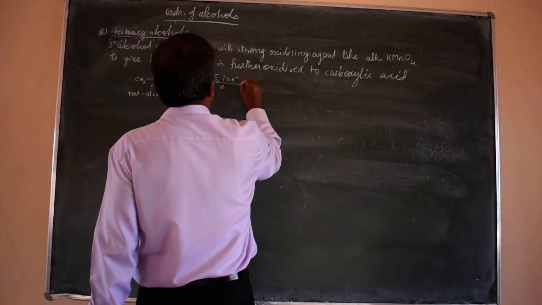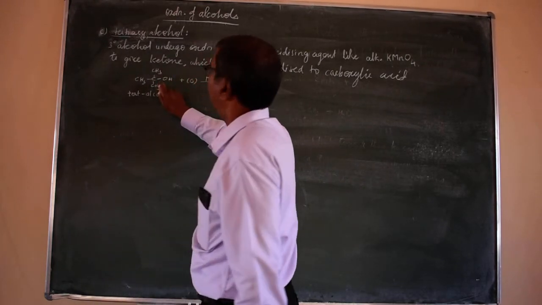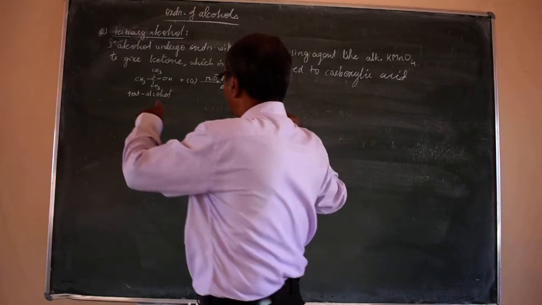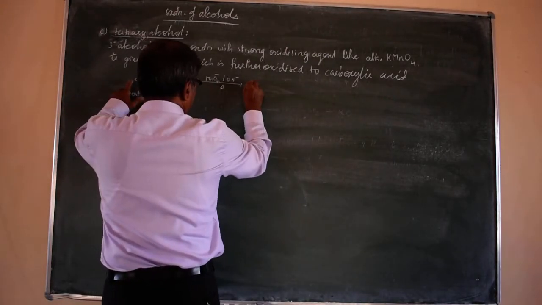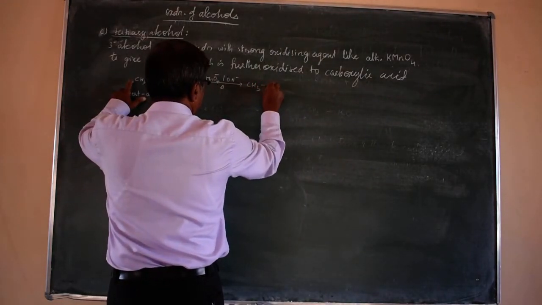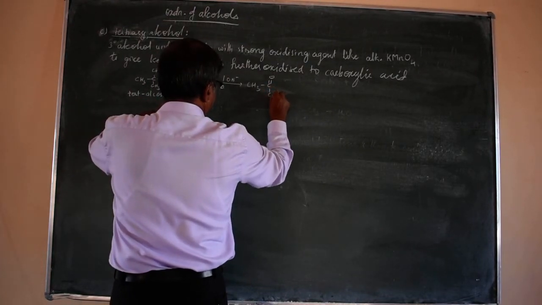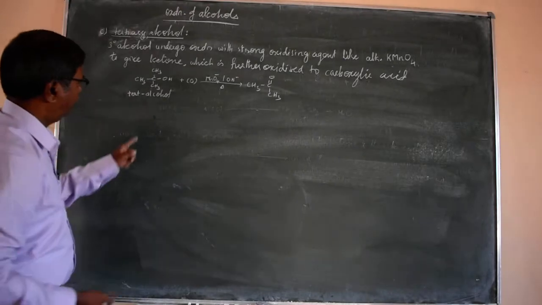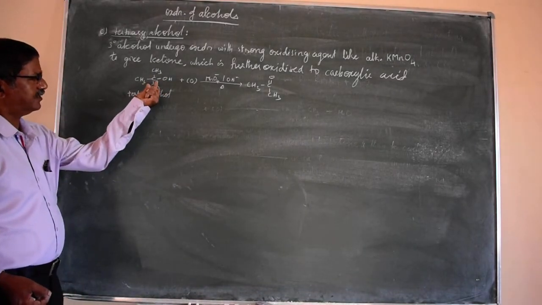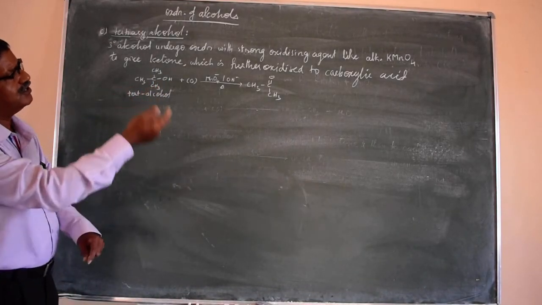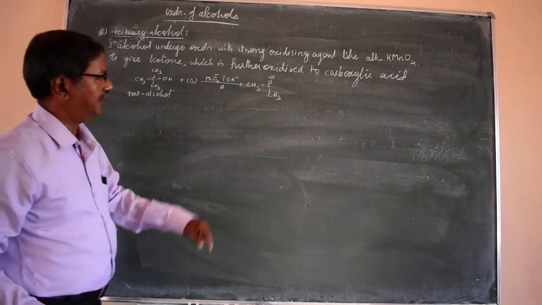Ketone is the product. At first it is converted into alkene and then into the ketone. So I am writing directly the ketone CH3-C=O-CH3. Actually, first elimination of H2O takes place to give alkene, and alkene is oxidized to the ketone.